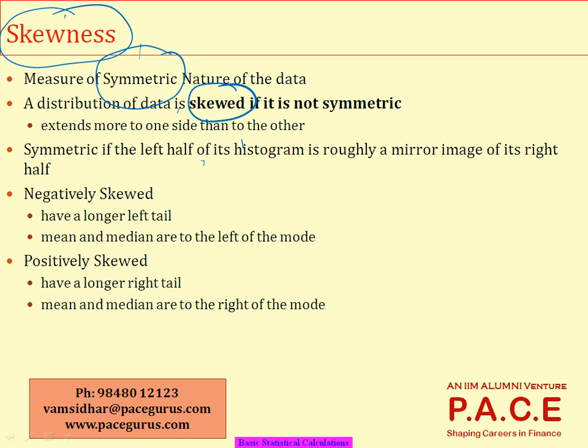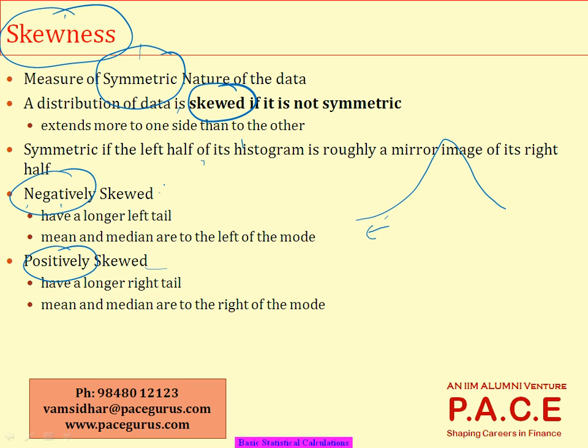Otherwise, we call it either negatively skewed or positively skewed. When I say negatively skewed, the tail is pretty long towards the left. We'll see in the next slide. The typical frequency distribution graph may be like this, where the tail is pretty long towards the left, and we see as a calculation that mean and median will be to the left of the mode.